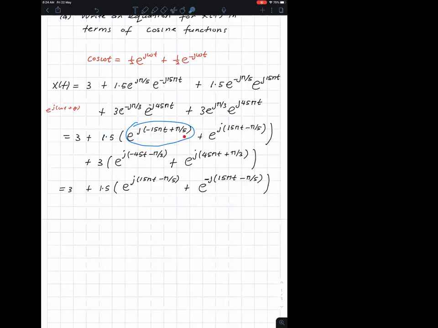And j multiplied by pi over 5, I put a minus sign here. Minus and minus becomes plus. It's still maintaining the same sign and the values.